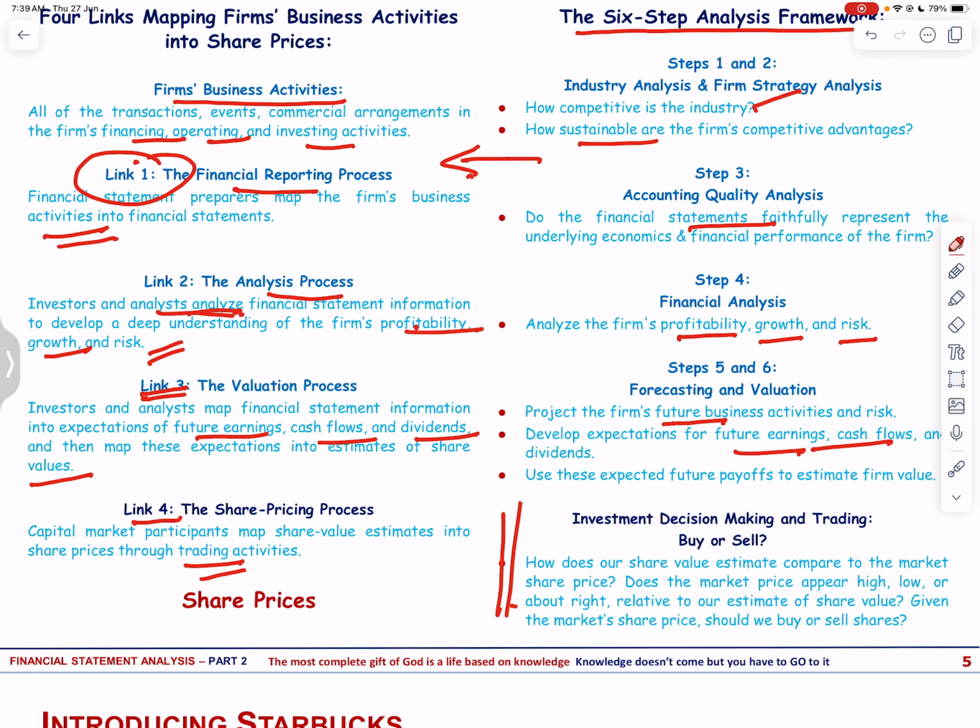The links between firm activities and share prices are not always smooth. Financial reporting and accounting may miss some transactions and challenges, affecting how well financial statements reflect profitability, growth, and risk.